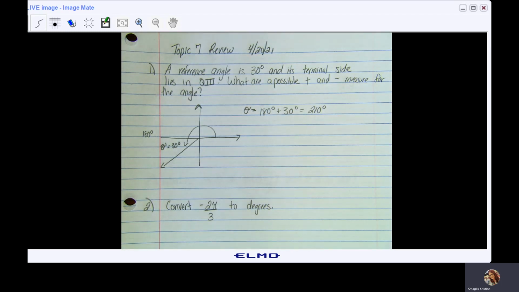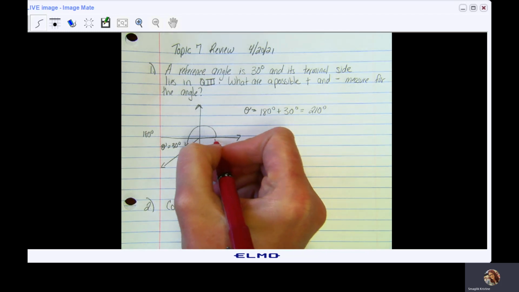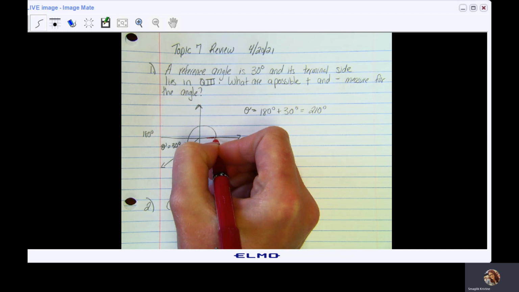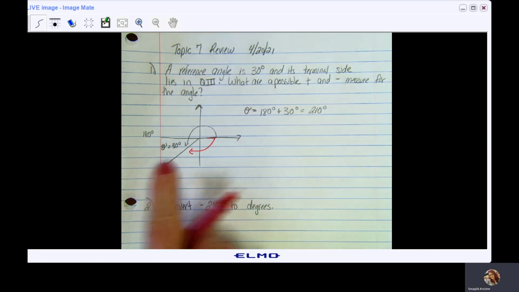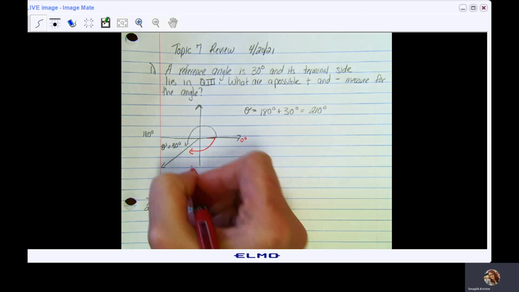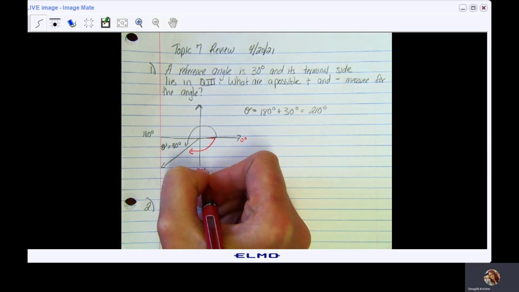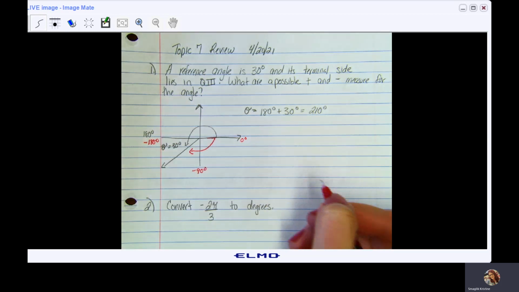And now if I want to do a negative measure, negative measures move clockwise. So I start here at the initial side and I move this way. I'm at 0 degrees here, negative 90 degrees here, negative 180 degrees here.